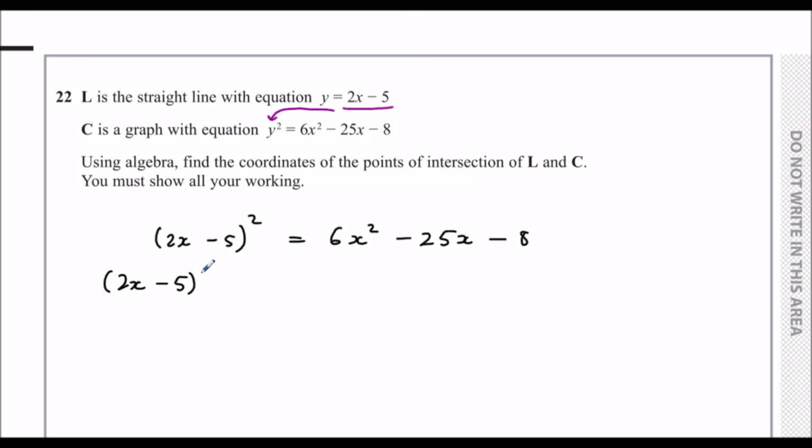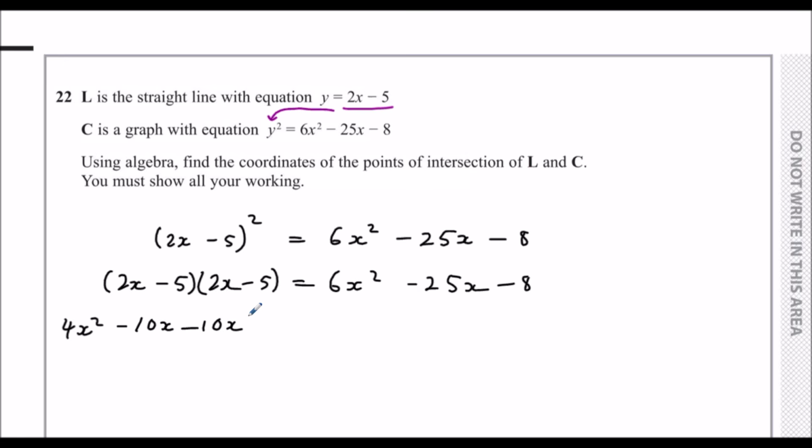So (2x minus 5) squared means (2x minus 5) times (2x minus 5). I'm going to expand and simplify. So 2x times 2x is 4x squared. 2x times negative 5 is negative 10x. Negative 5 times 2x is negative 10x again.